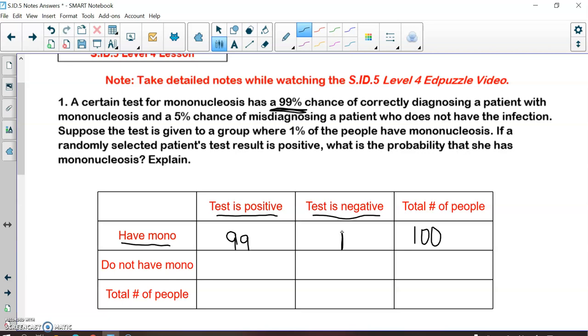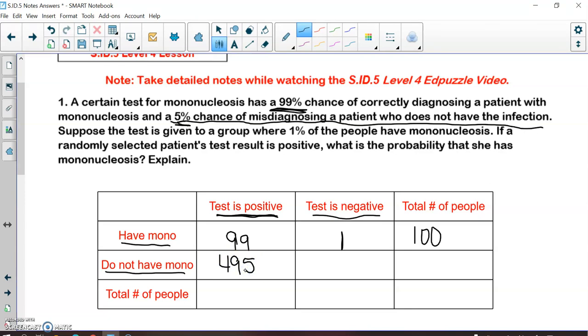Okay. So now it's saying that there's a 5% chance of misdiagnosing a patient who does not have the infection. So this person does not have mono, but they're going to test positive. That's the misdiagnosis. There's a 5% chance that that would happen. So 5% of 9,900 people is 495 people.